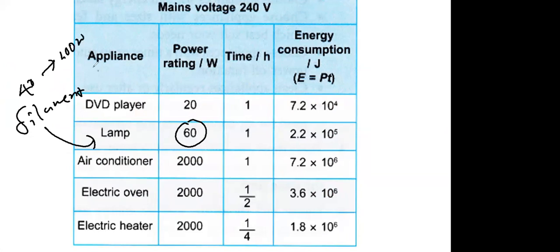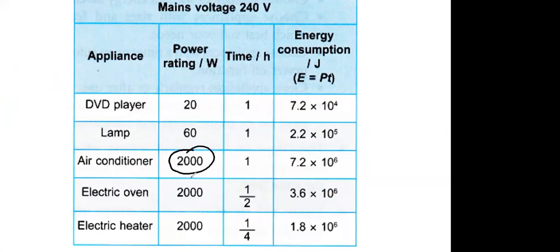But for LED, the watt value is lower than that. Tube light is also lower than the filament bulb. Then AC you can see 2000 watt. Electric oven 2000. Electric heater, this can also change. When the air conditioner's size increases, the watt value can go up to even 3000, 4000 watt.